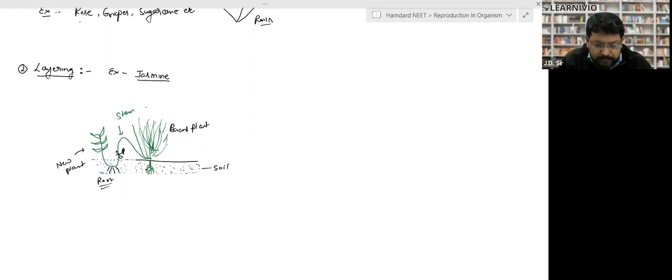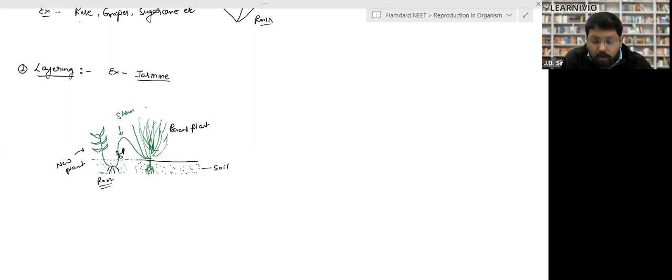Full stop. The part of the branch which has developed roots is then cut off from the parent plant. Full stop.